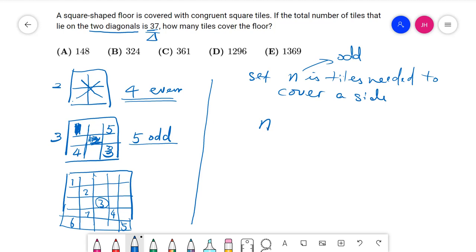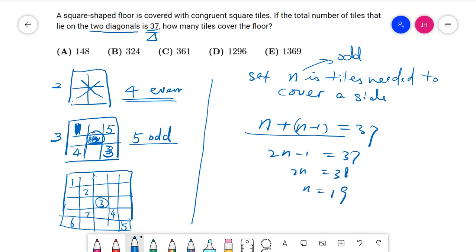We have n. In the other diagonal, we still have n, but we have 1 double counted. So that's n minus 1. So this is the number of tiles needed to cover the two diagonals. That's 37. Let's solve this equation. That's 2n minus 1 equals 37, 2n equals 38, and n equals 19.